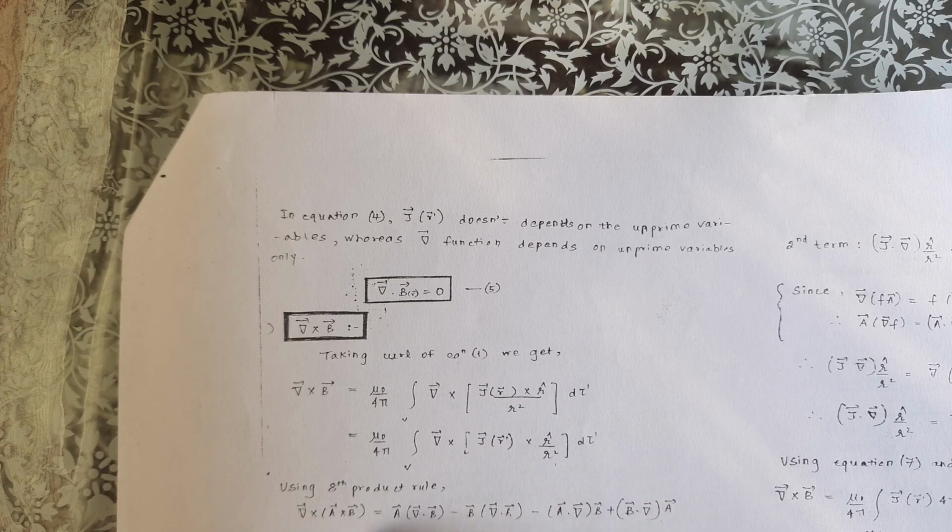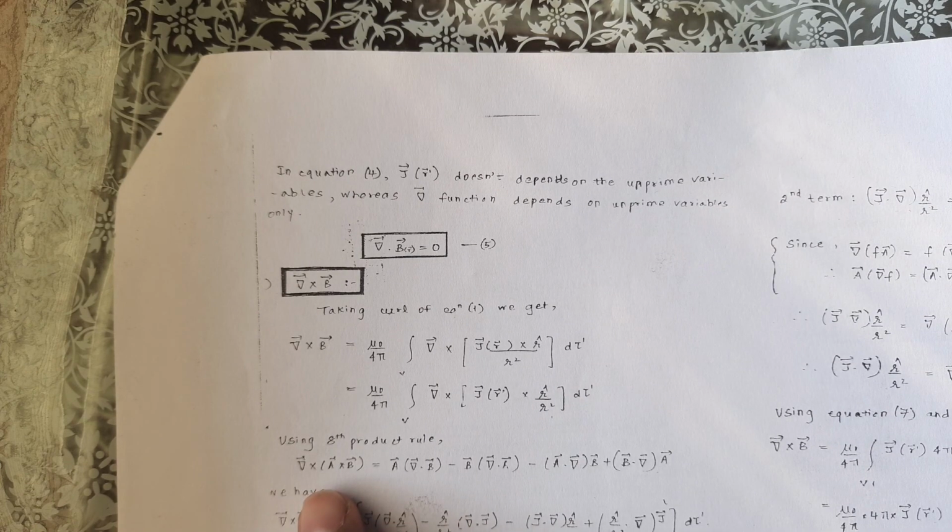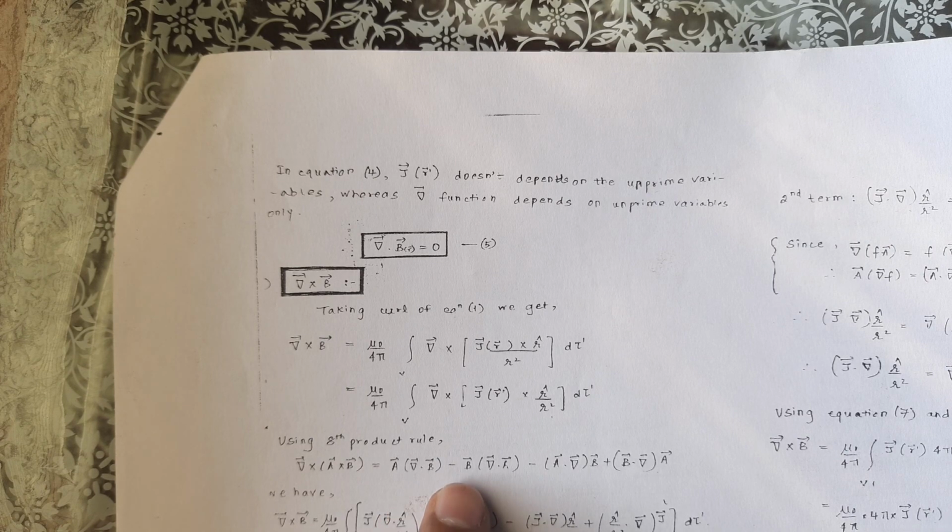So using the product rule, that is del cross of two vectors, A bar cross B bar, is equal to A bar into del dot B bar minus B bar into del dot A bar minus A bar dot del bar into B bar plus B bar dot del bar multiplied by A bar.